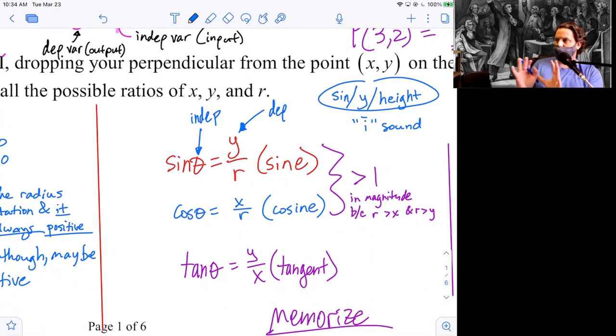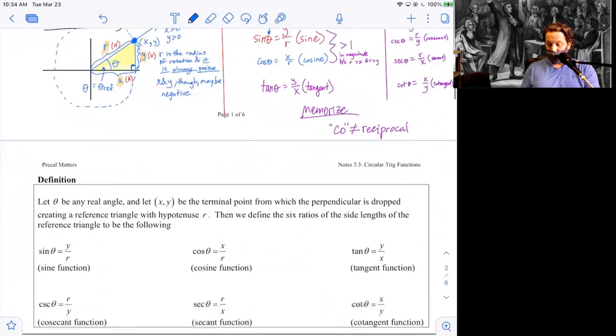So sine and cosine are very, very special. Again, they're the only 2 that have a magnitude less than 1. They're the only 2 that end up being continuous for all real numbers. And they measure the relative height and width, sine and cosine do respectively, of your reference triangle. Okay? Sine, y, height. All right, let's try it out.